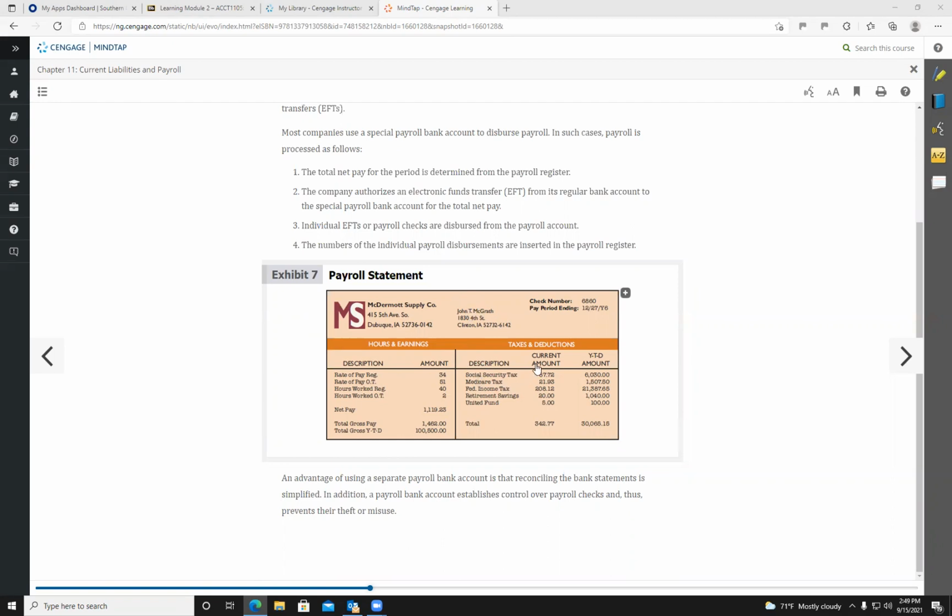So it should give you the current amount of withholdings and deductions, what they are year to date, as well as your gross pay, your year-to-date gross pay, and then the net pay. The net pay should match the amount on the paycheck or the direct deposit.